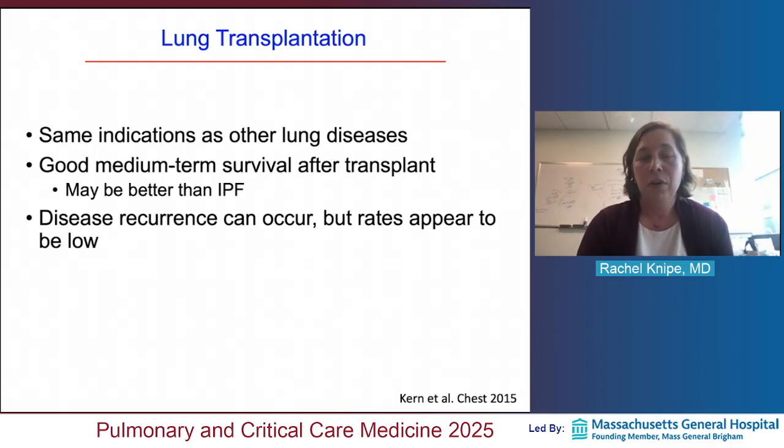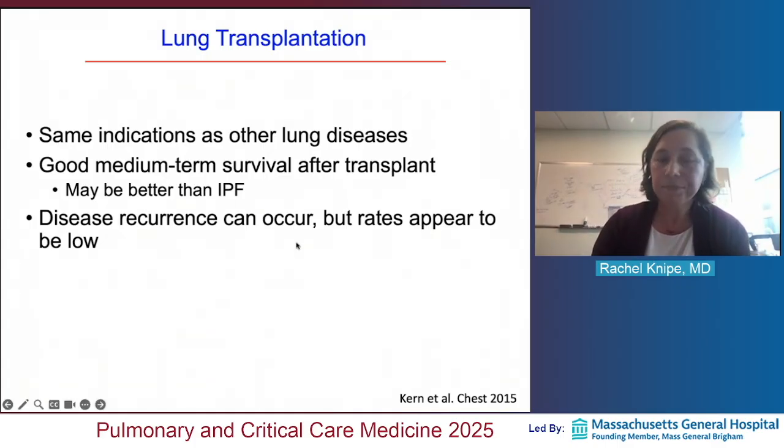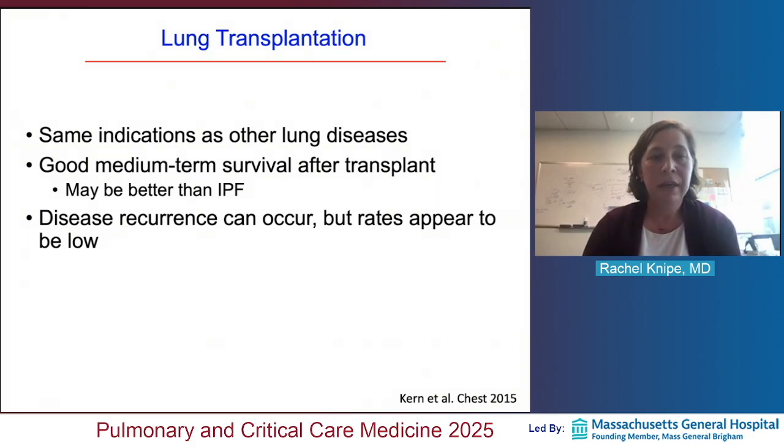Disease recurrence can occur, but the rates appear to be relatively low. But it is important that whatever the initial inciting exposure is felt to be, that antigen is removed from the environment post-transplant, just to try to reduce any chance of disease recurrence.